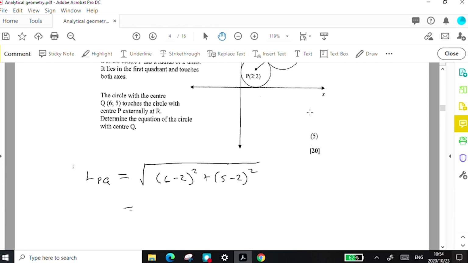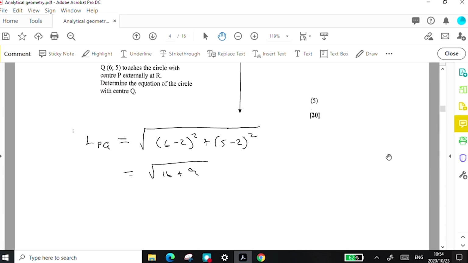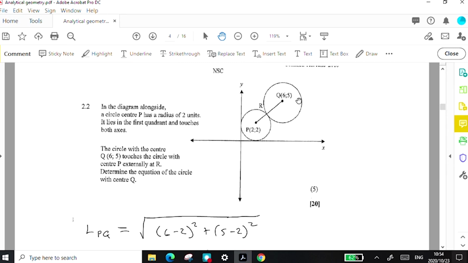Simplifying, we are actually looking for the square root of 4 squared, which is 16, plus 3 squared, which is 9. This is the square root of 25, which is equal to 5. So the length PQ is equal to 5.